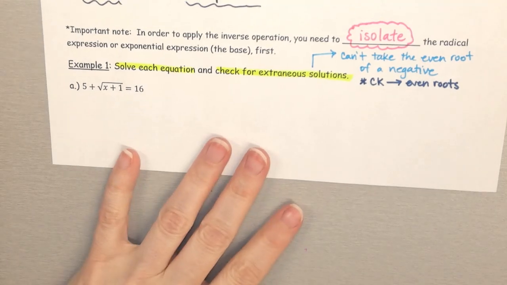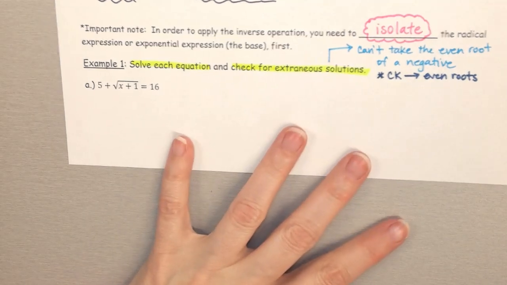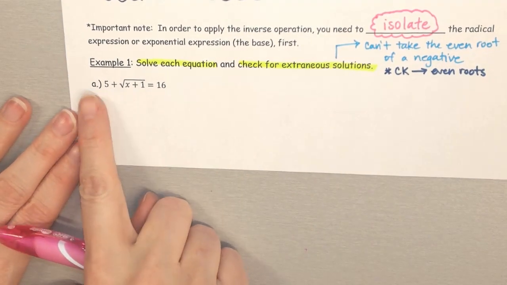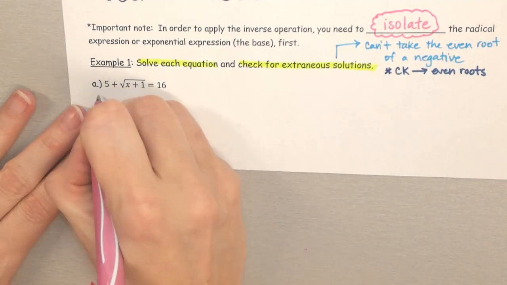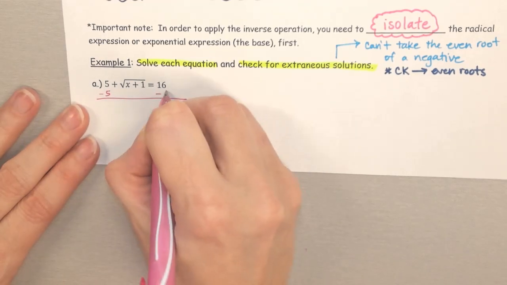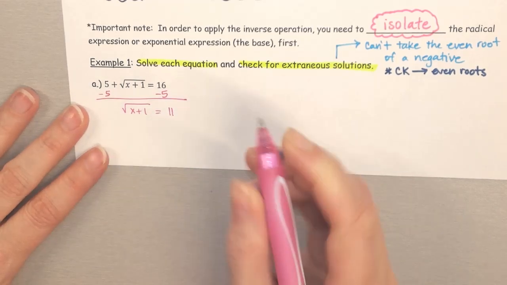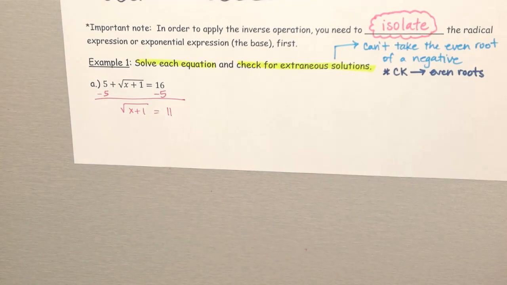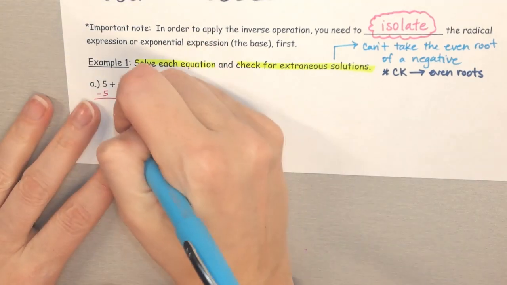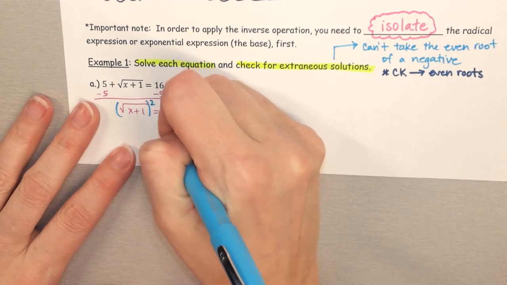Okay, so we are going to start by isolating the radical expression. So we have to move over this 5, so we're going to subtract that from both sides. Okay, once you've done that, you are going to undo the radical by showing this step.